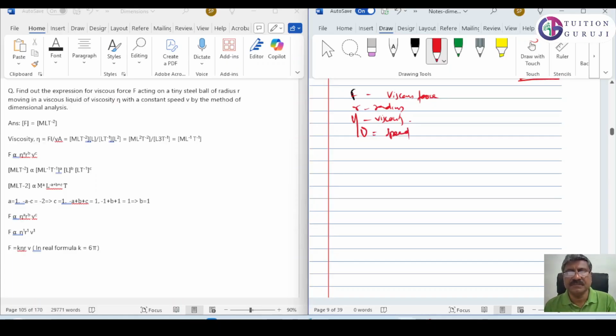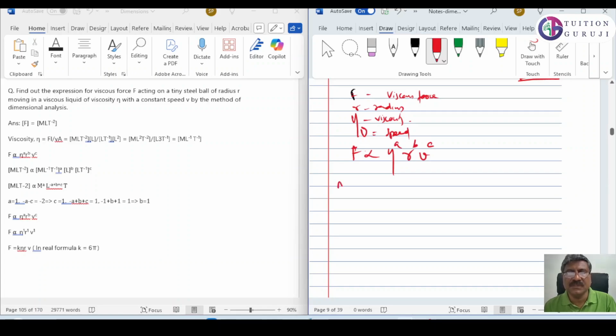Now we know force is proportional to eta raised to A, radius raised to B, velocity or speed raised to C.